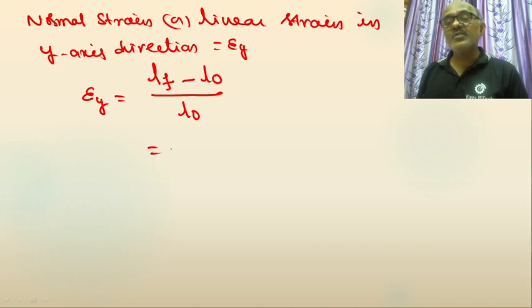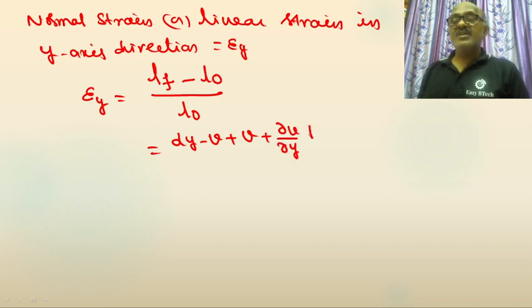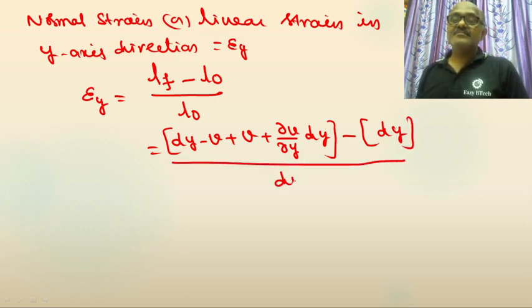That is equal to, here is dy minus v plus dou v by dou y into dy. This is the final length minus the original length, which is dy, divided by dy.